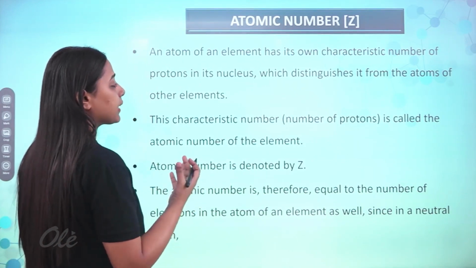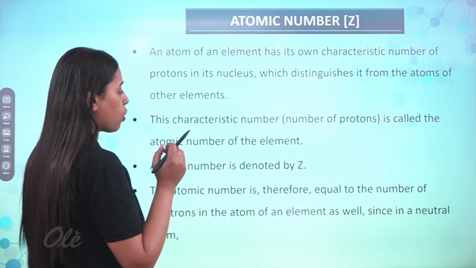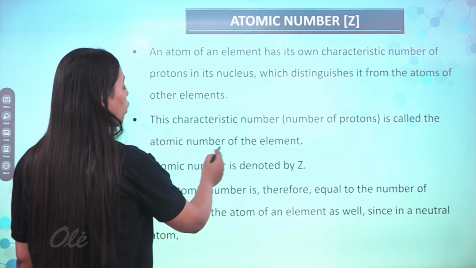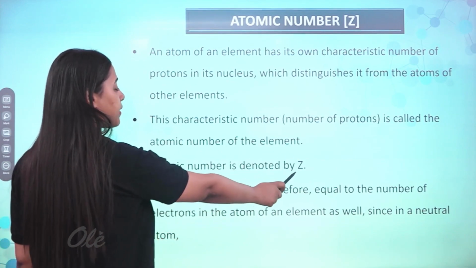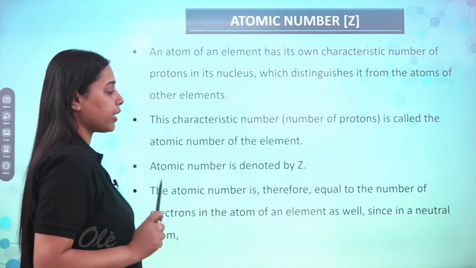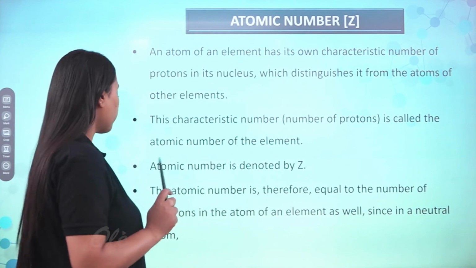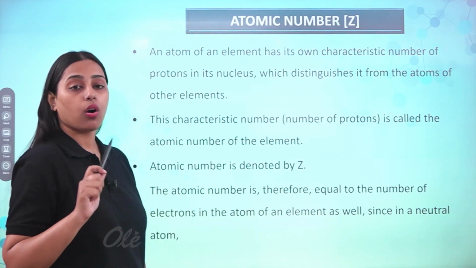This characteristic number, that is the number of protons, is known as the atomic number of the element, which is represented by Z. The atomic number is therefore equal to the number of electrons in the atom also.